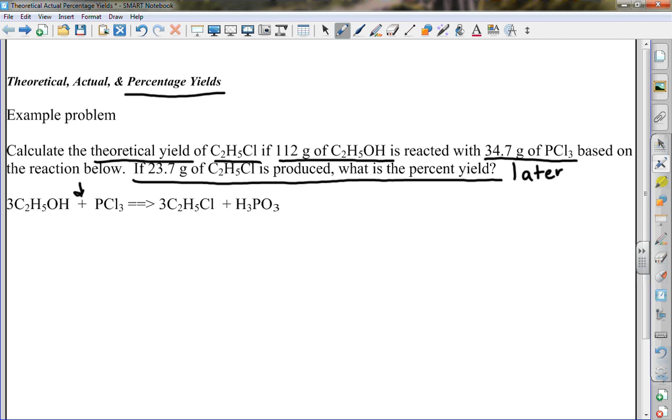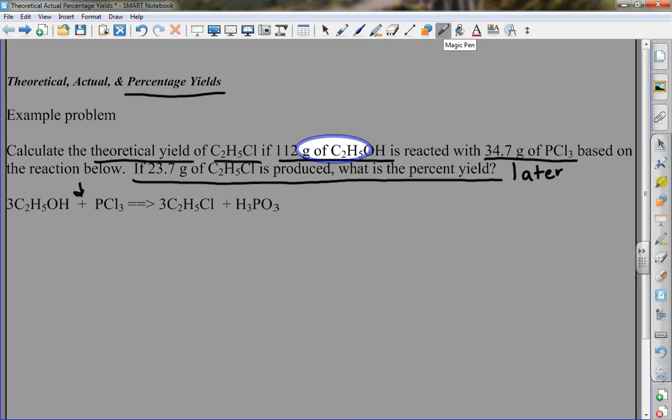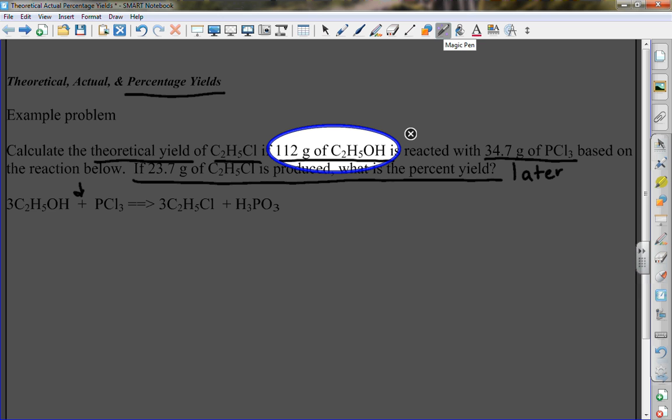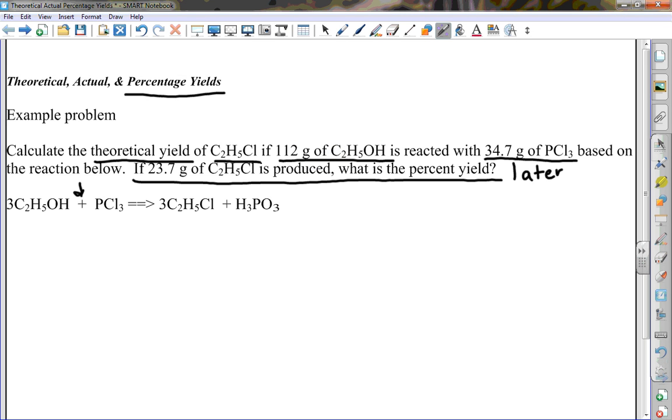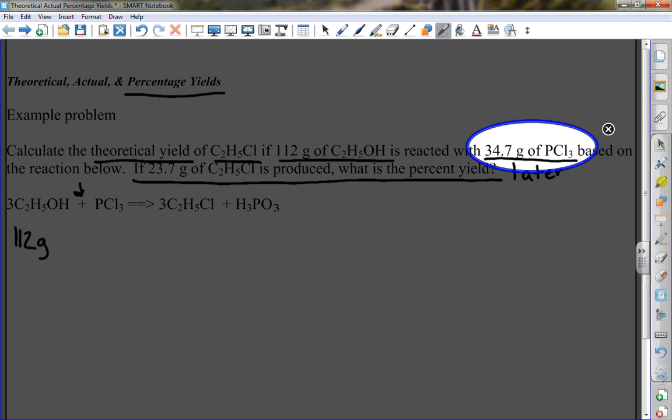So let's start the first part of the question. Ultimately, we have 112 grams of C2H5OH reacting, so let's put that in here: 112 grams. And then we also have 34.7 grams of PCl3.